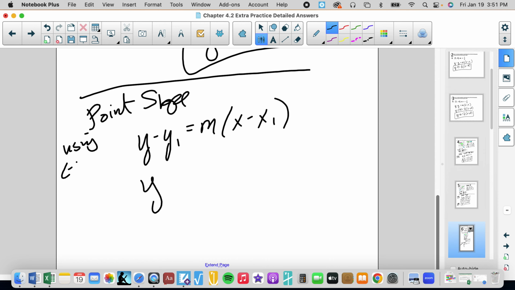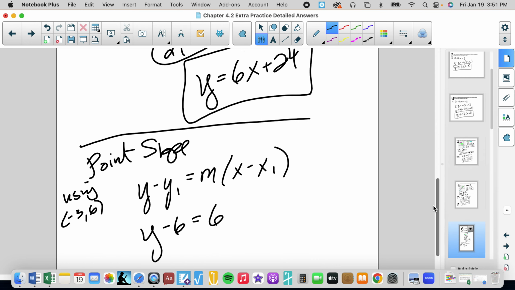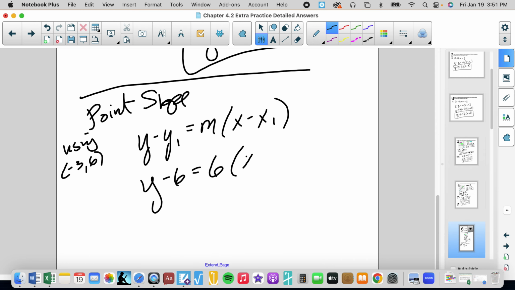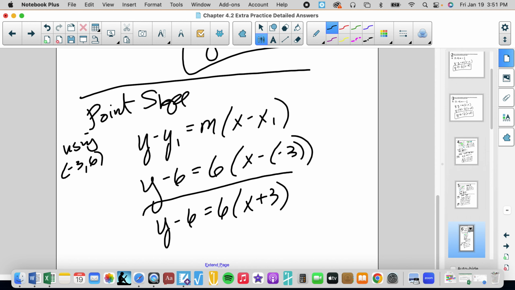So y minus 6 equals, my slope was 6. Wasn't my slope 6? Yep. Times the quantity x minus negative 3. And we would simplify that. We would not leave it with double signs. So that would be one of an infinite number of solutions for point slope.